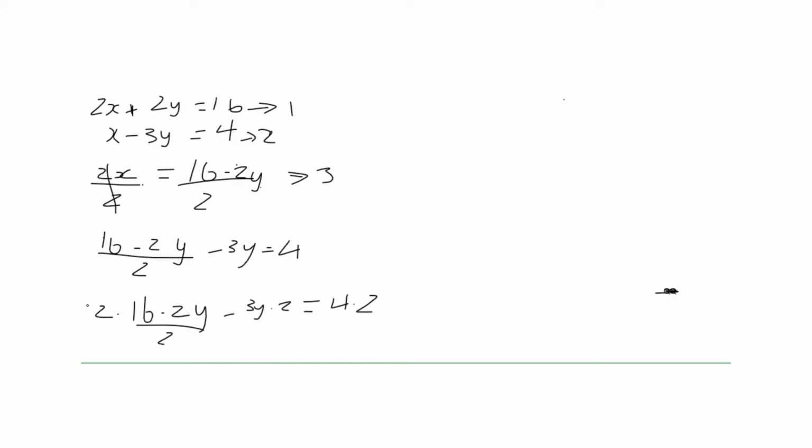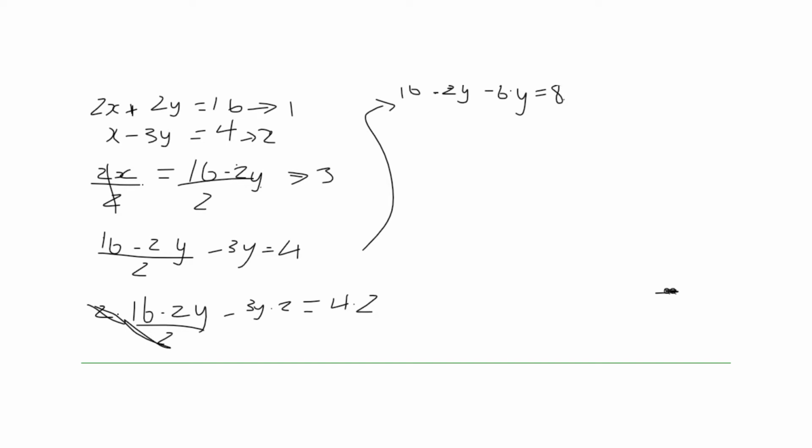So the 2s cancel out. What we'll have up here now is 16 minus 2y minus 3 times 2 times y, which is 6y, and that's equal to 8.